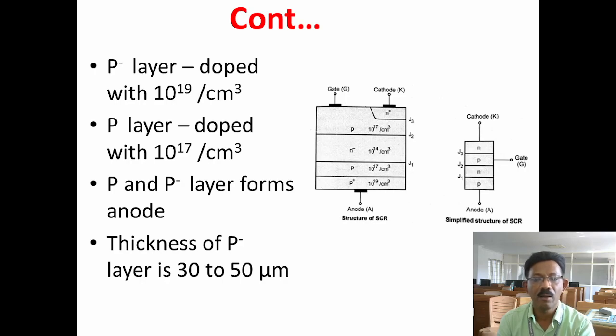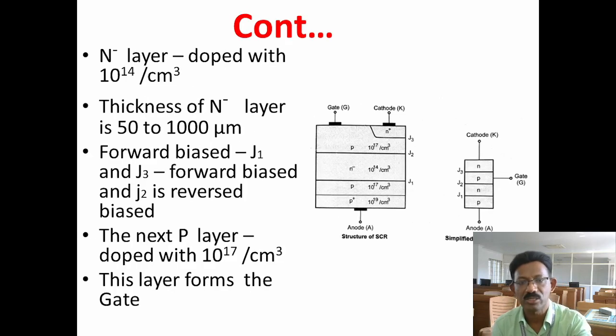P as well as P plus layer forms the terminal anode. Then thickness of P plus layer varies from 30 to 50 micrometer.